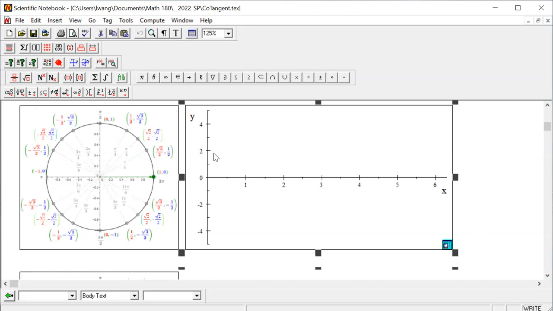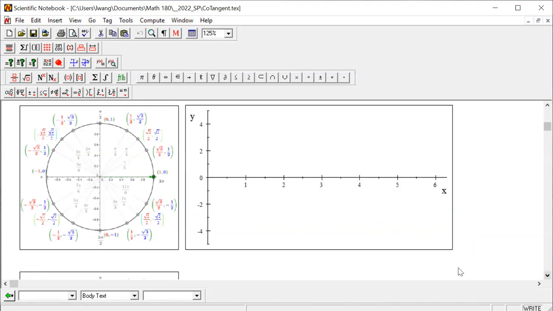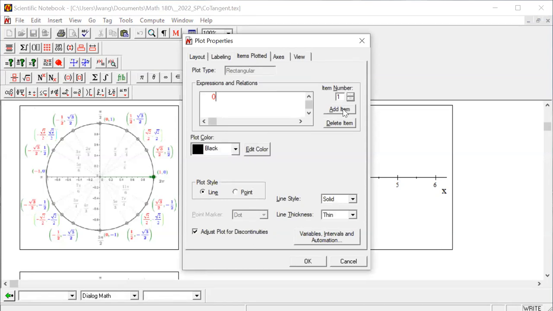And now we're going to plot all these points in place. I'm going to choose a color. Let's see, what color shall we use? Maybe this light blue.